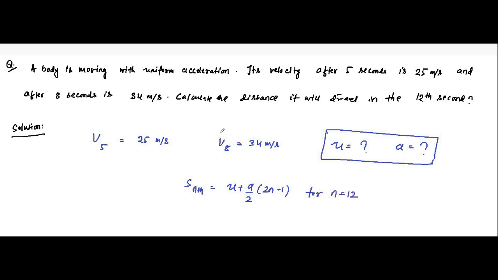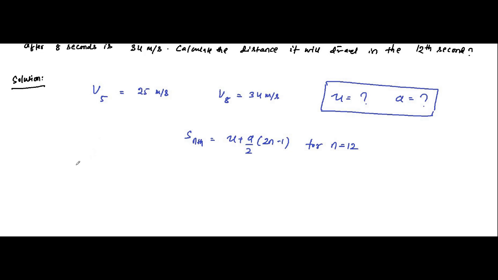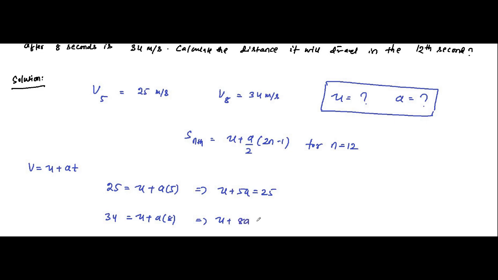Here we will be using the first equation of motion, v is equal to u plus at. v5 is equal to 25 meters per second, so 25 is equal to u plus a into 5, for t equal to 5. That implies u plus 5a is equal to 25. Then we have 34 for t equal to 8 seconds, u plus 8a is equal to 34.